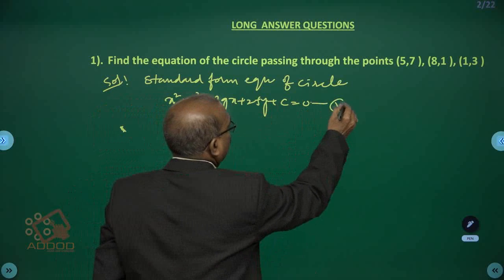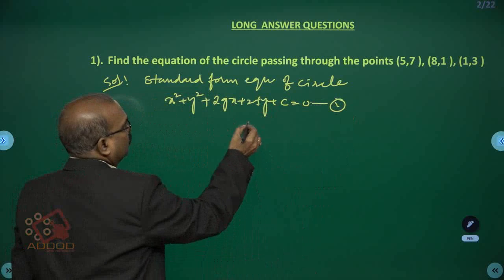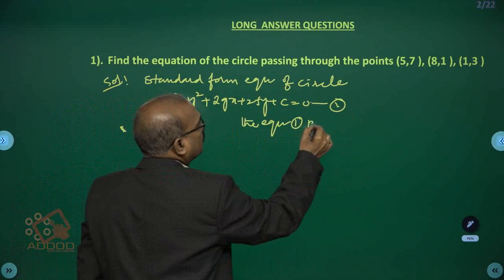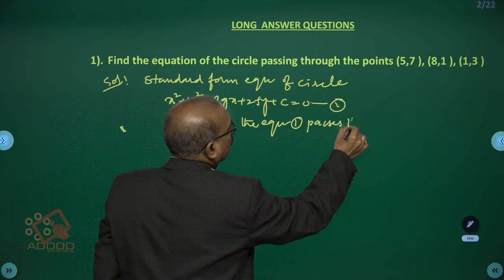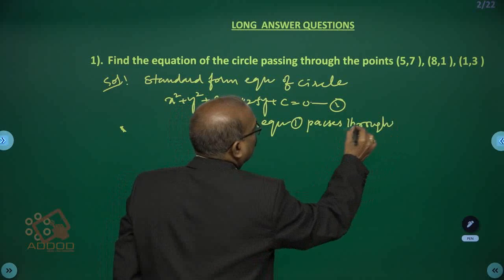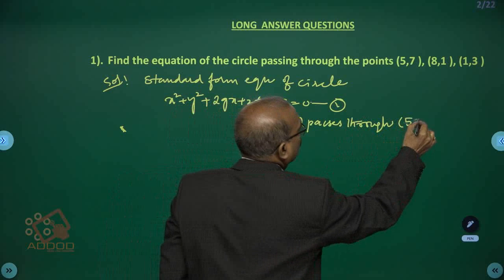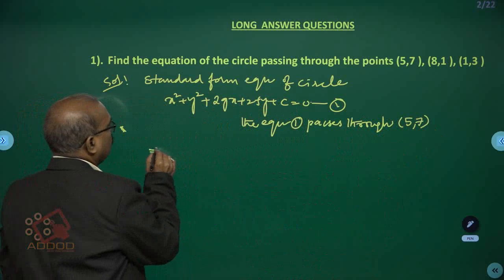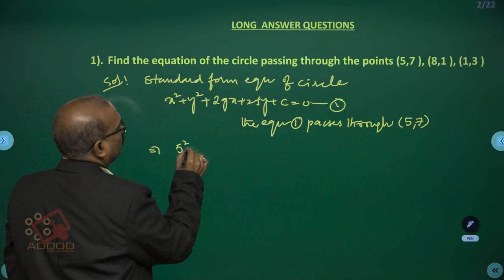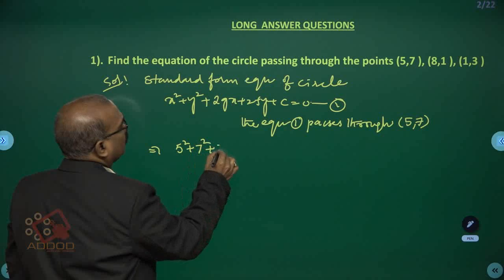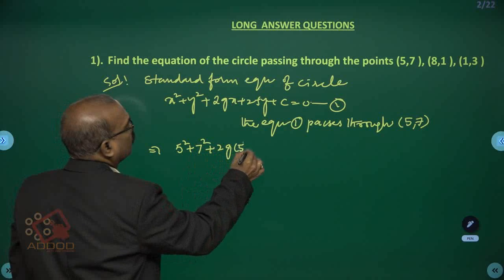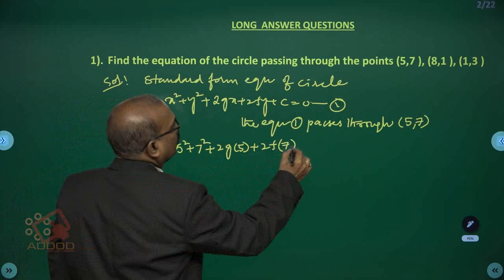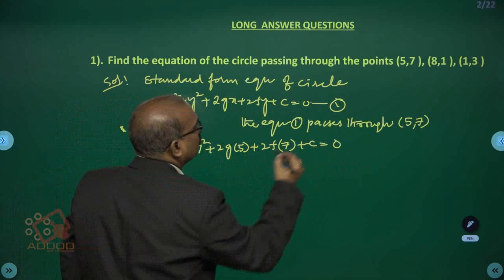Now equation 1 passes through (5, 7). That is 5 square plus 7 square plus 2g into 5 plus 2f into 7 plus c is equal to 0.